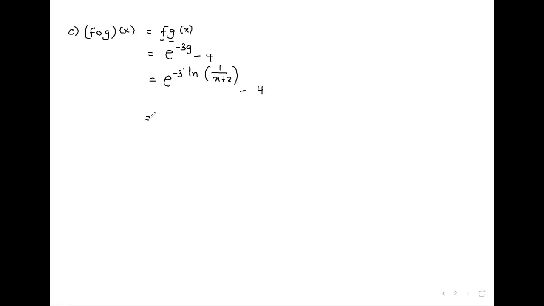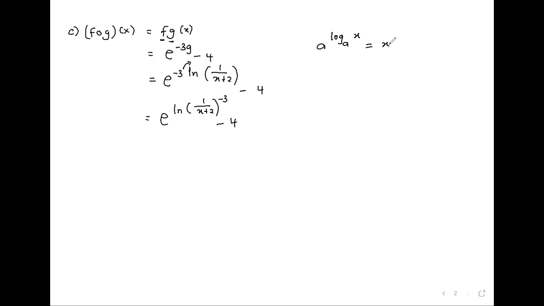But you can take this guy to be the power. So we have e to the power ln of 1 over x plus 2, all to the power negative 3, and then minus 4. Well, we also have that property that if you have a to the power log of x base a, the whole thing drops down to x.